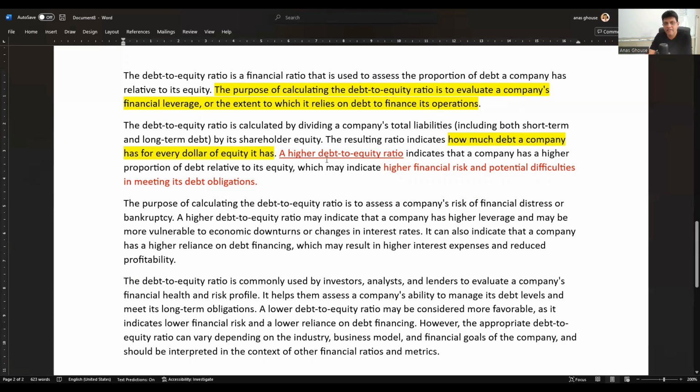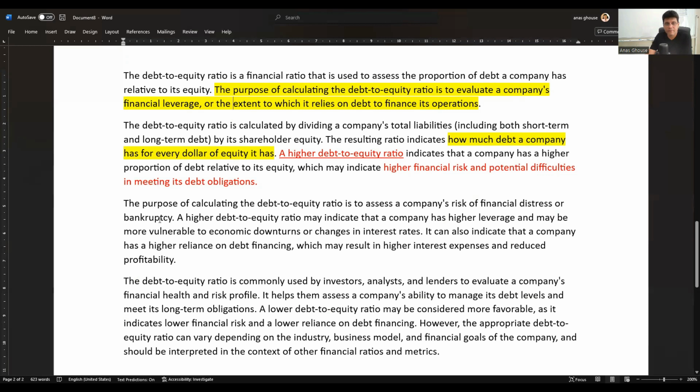A higher debt to equity ratio indicates that a company has a higher proportion of debt relative to its equity, which may indicate higher financial risk and potential difficulties in meeting its debt obligations. The higher the debt to equity ratio, the higher the financial risk.